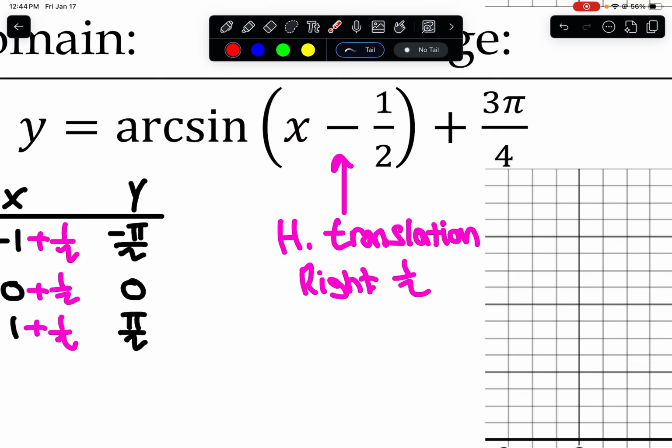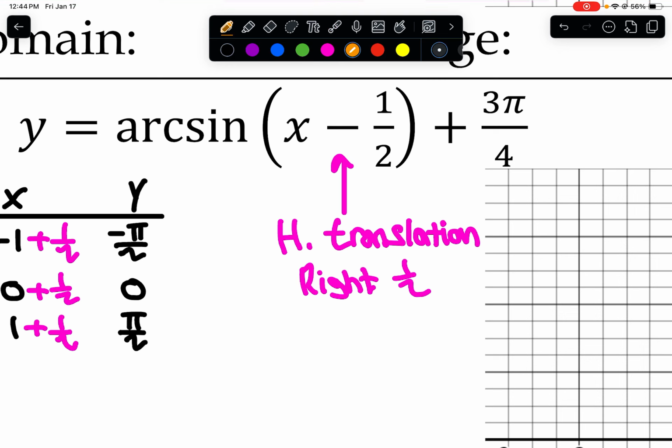And if I was doing 2x minus 1/2, then I would actually multiply times 1/2 and then do the horizontal translation. And if I had 1/2 out here in the front, then I would actually multiply by 2. So it also applies to any horizontal dilations. So you always do the opposite.